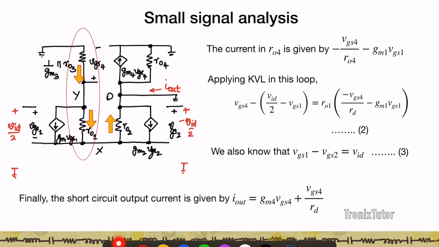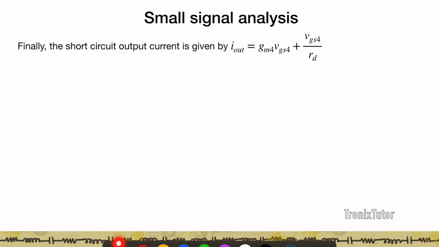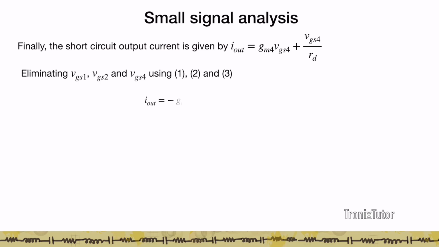So I have three equations between VGS1, VGS2, VGS4 and VID, and I have a fourth, I out, which is a function of VGS4. So if I eliminate VGS1, VGS2 and VGS4 from the first three equations, I get my I out as minus GM1 into R1 times GM4 RD plus 1 by RD plus 2 R1 into VID.